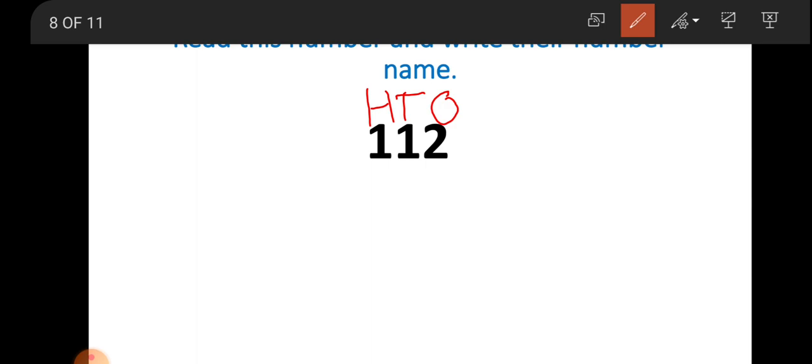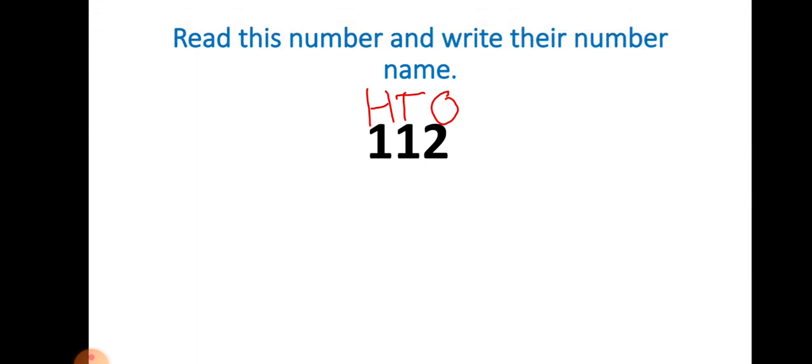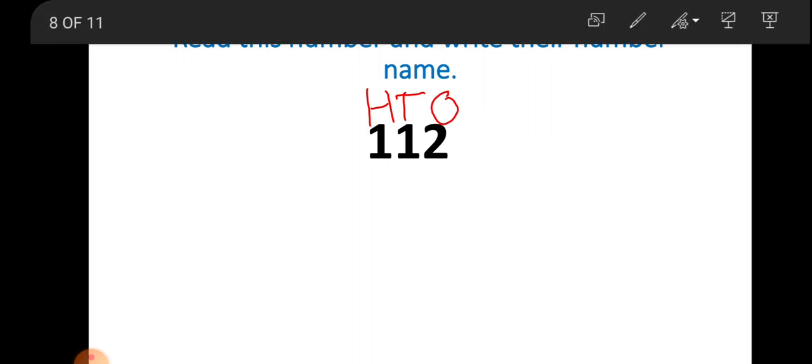Now how to read this number? First number 1, and after 1 speak 100. 112. Speak the 2-digit number together. 112.